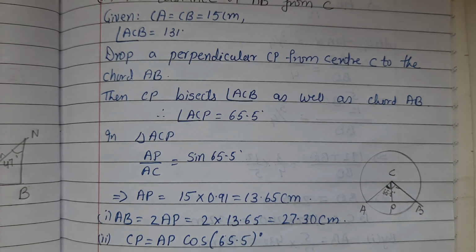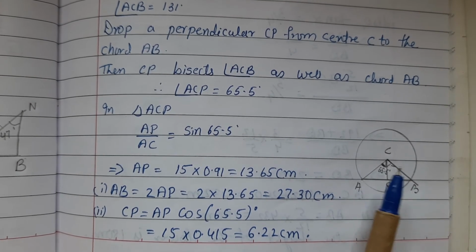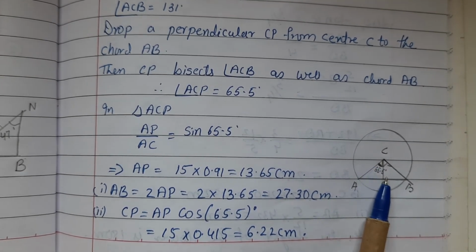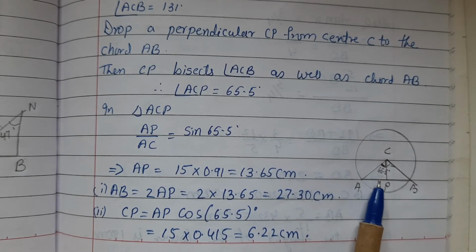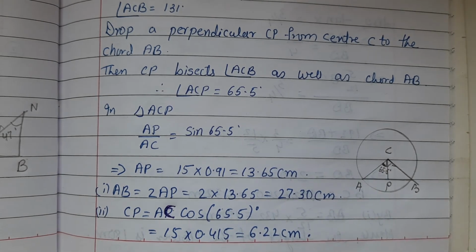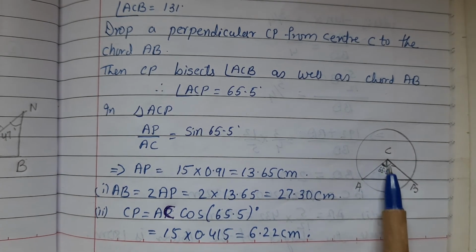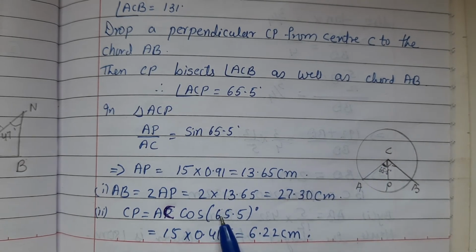Second part, CP. Cos 65.5 is CP upon AC. Therefore, CP is AC into cos 65.5 degrees. AC is 15, cos 65.5 is 0.415, which is equal to 6.22 centimeters.